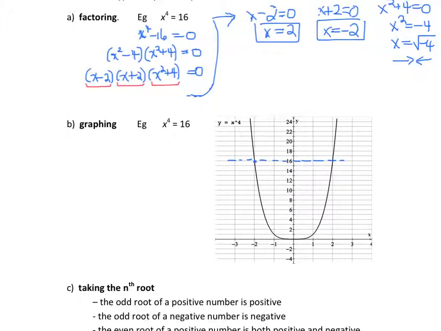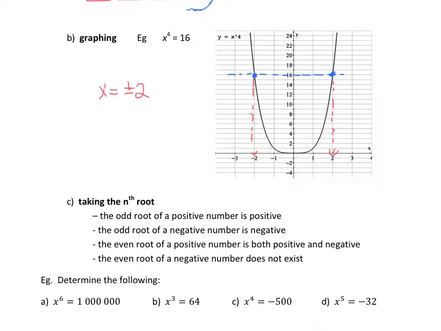We're interested in these 2 points on the graph where y equals 16. Then we look down to the x-axis and we see that our 2 x values are negative 2 and 2. So x is equal to plus or minus 2. Same solution, of course, since it's the same question.